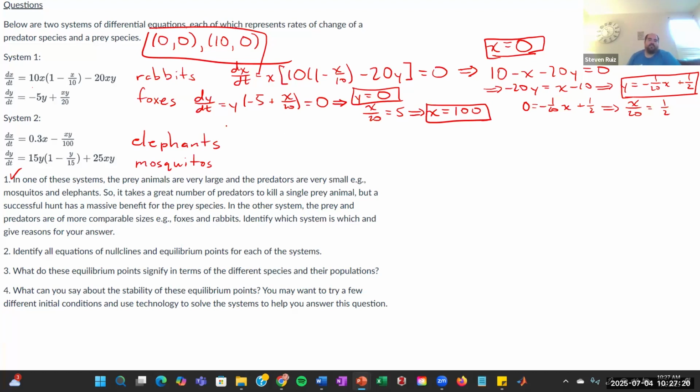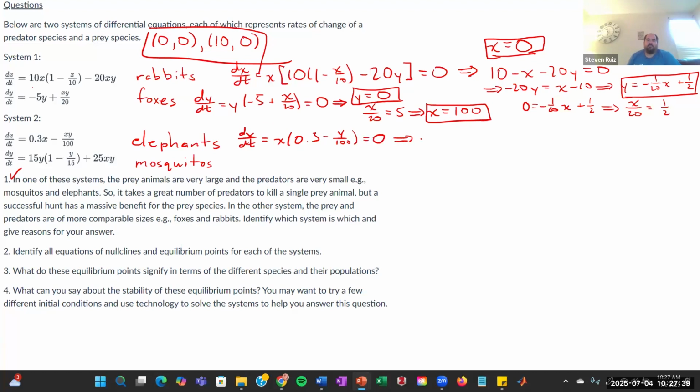Now let's do the same thing with elephants and mosquitoes. For the first equation, dx/dt, factor out the x, and I get 0.3 minus y over 100 equals 0.